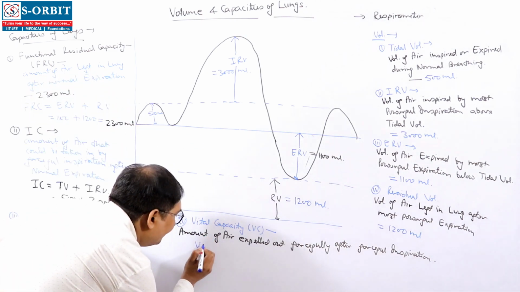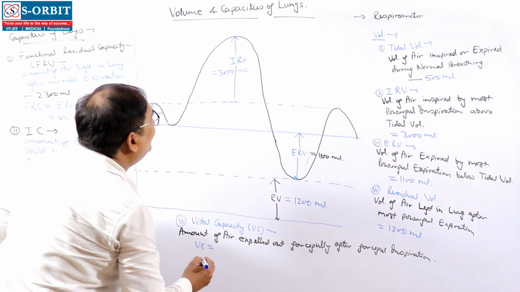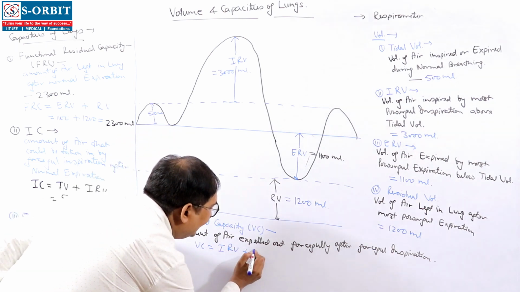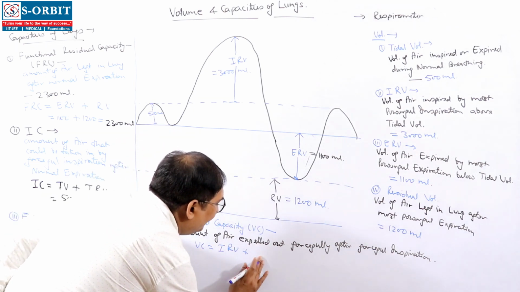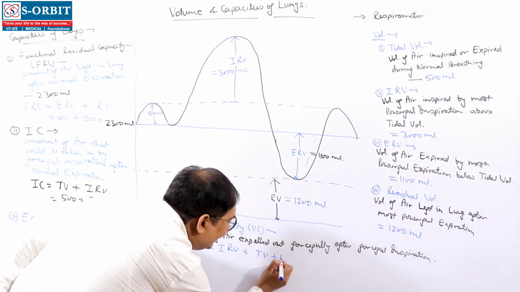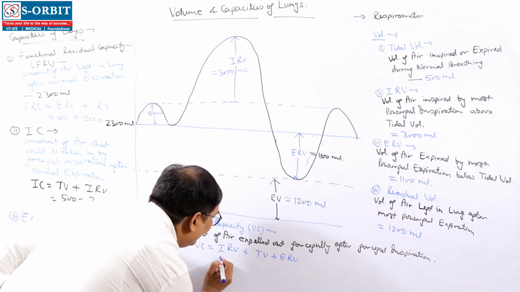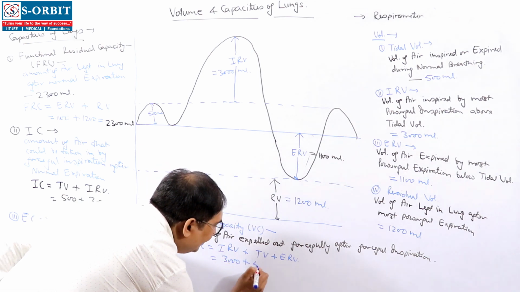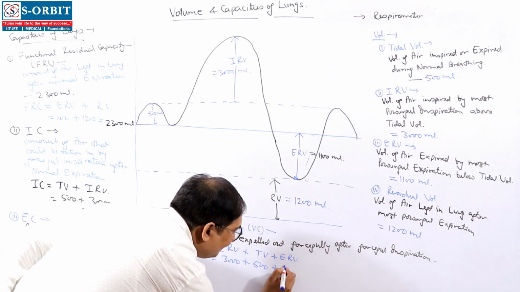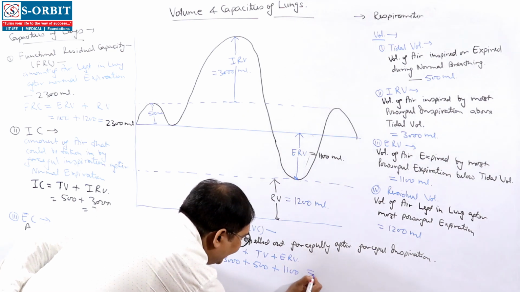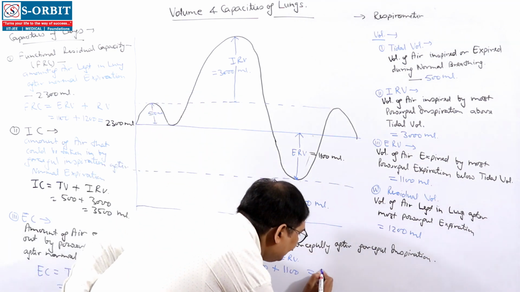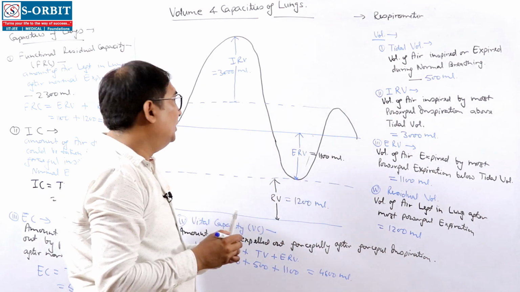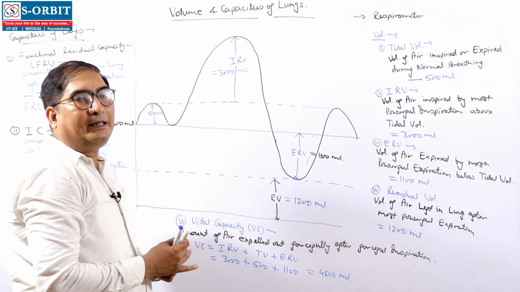So VC equal to inspiratory reserve volume plus tidal volume plus expiratory reserve volume. That is, it comes out to be 3000 plus 500 plus 1100. It comes out to be about 4600 ml. So this is vital capacity.